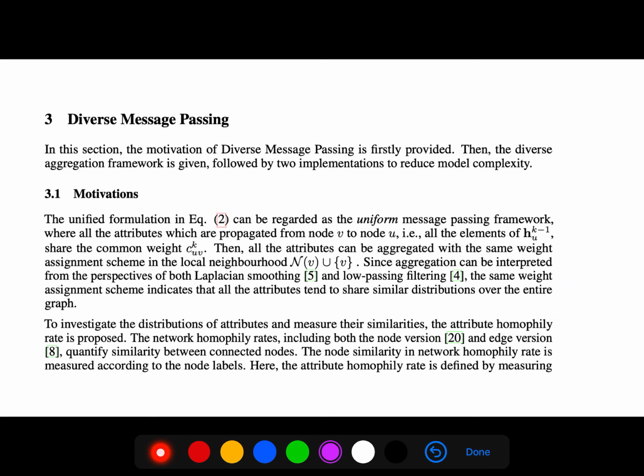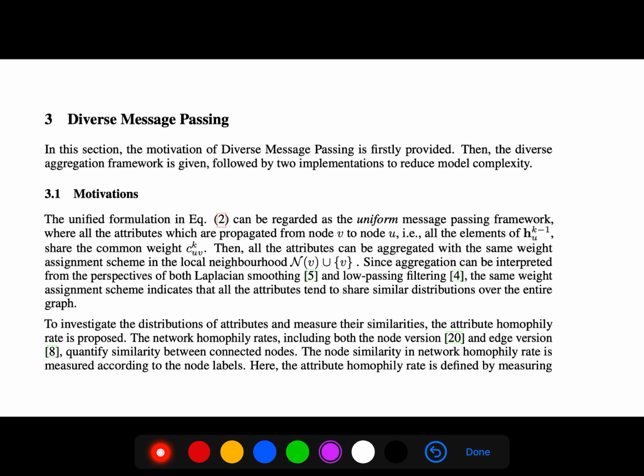But since aggregation can be interpreted from the perspective of Laplacian smoothing and low-pass filtering, the same weight assignment scheme indicates that all the attributes tend to share similar distribution over the entire graph. To investigate the distributions of attributes and measure their similarity, the attribute homophily rate is proposed.